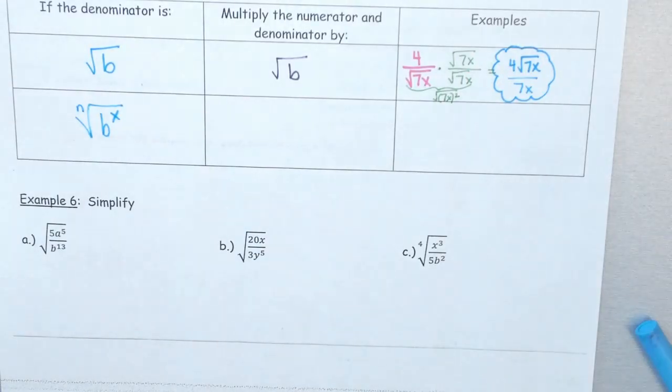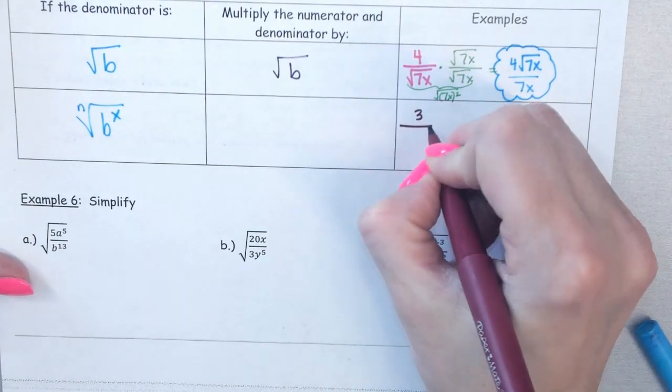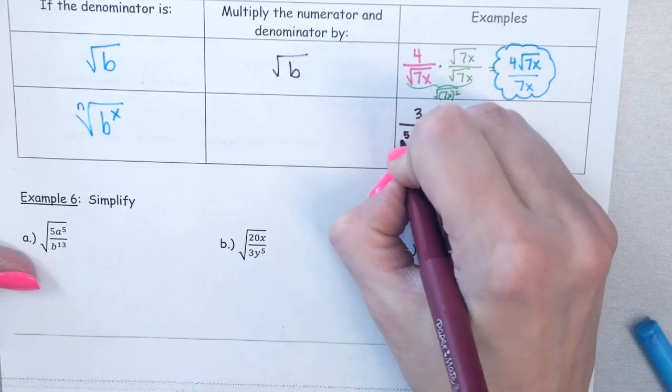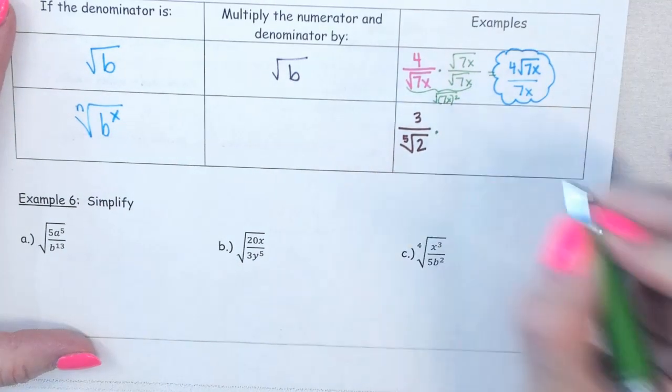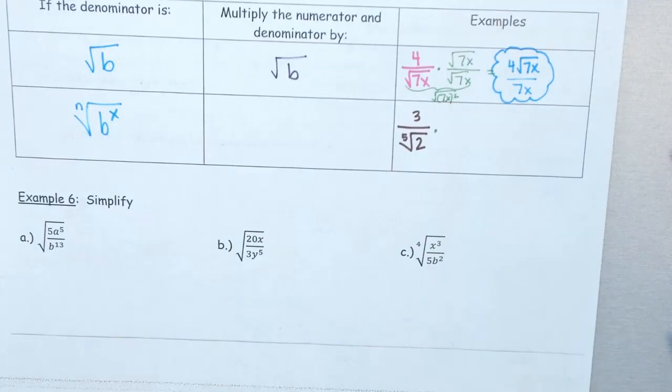So for this, we have 3 divided by the 5th root of 2. I just want you to write down what you're going to multiply that by, and then see if you can simplify that.